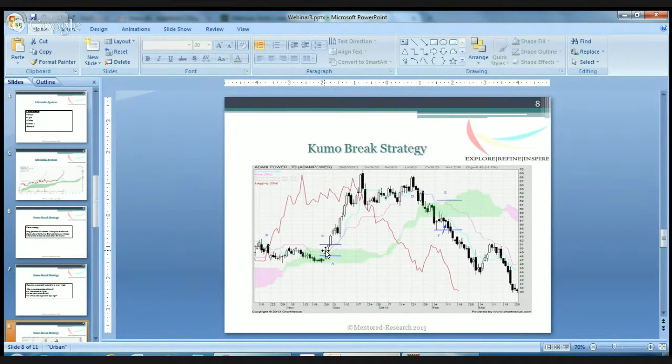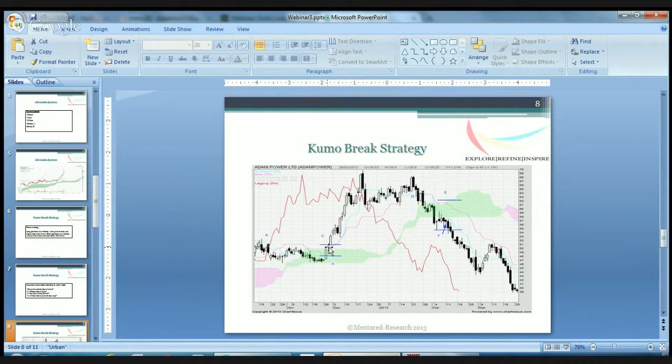Here's where on this big candle, that's where your candle broke above the Kumo. Then, what I usually like to do is see confirmation. I want to see that on the next day's candle the bulls are still in there, and this candle needs to get above the high of the trigger candle.